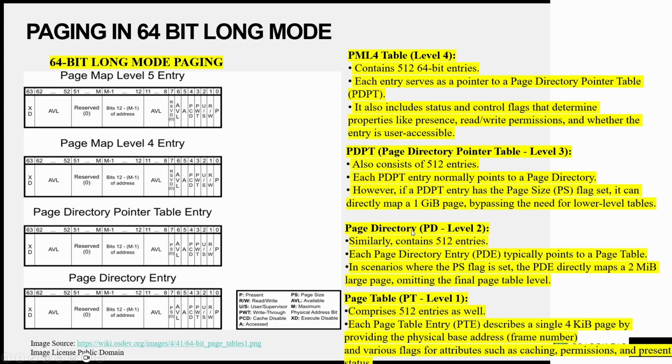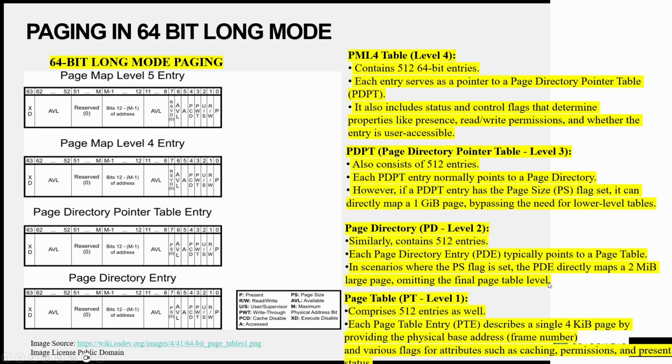The page directory level 2 here contains 512 entries, and each page directory entry points to a page table of 512 entries. You can't see the page tables on this graph; it just shows the directories. One other thing to note is that if the PS flag is set, then the page directory entry will map directly to a 2 megabyte page, and that will omit the final page level.